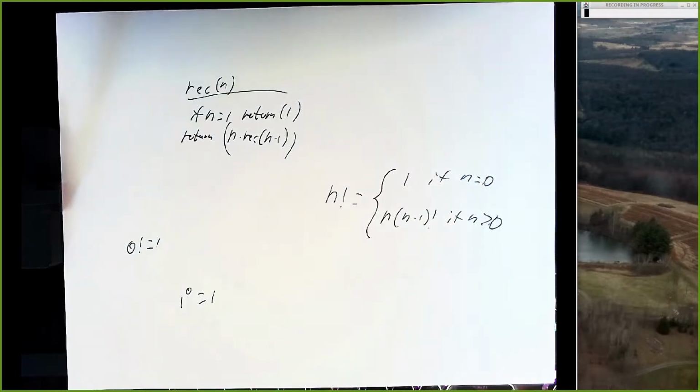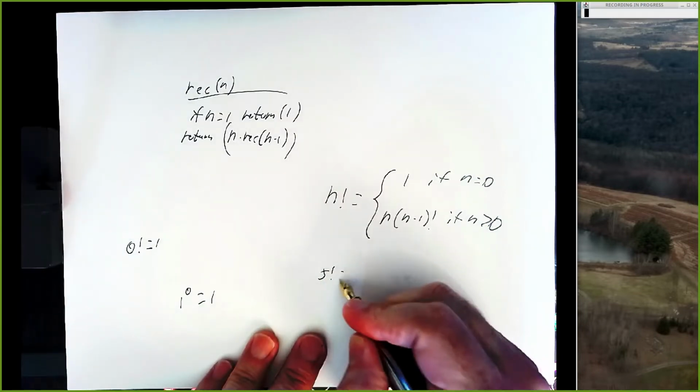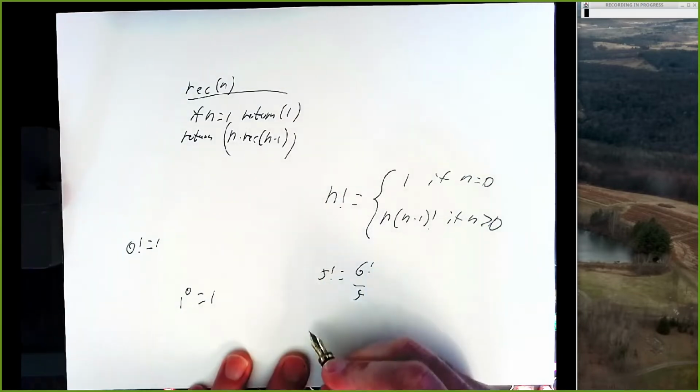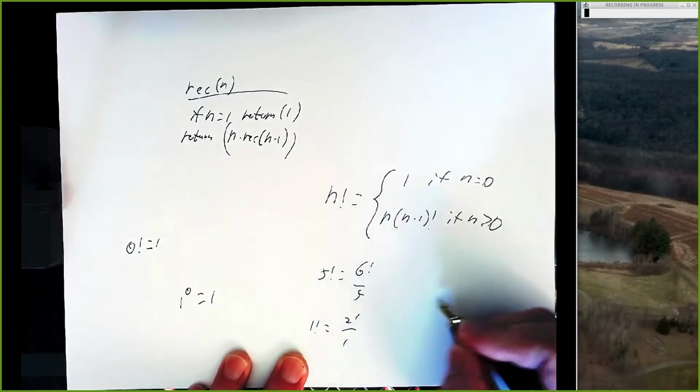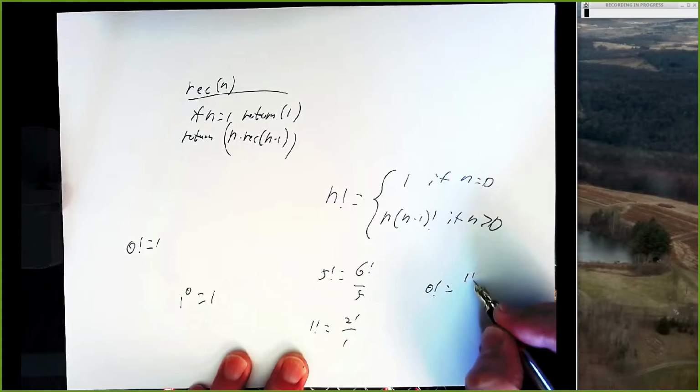You could equally say that 5 factorial is equal to 6 factorial divided by 6. And so you work that down. 2 factorial is equal to 3 factorial divided by 3. 1 factorial is equal to 2 factorial divided by 2. 0 factorial is equal to 1 factorial divided by 1.